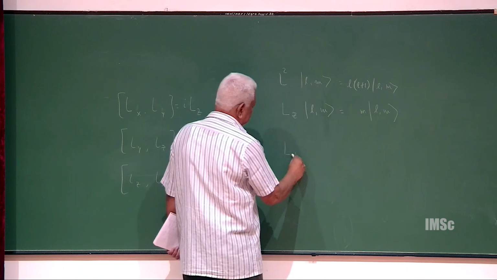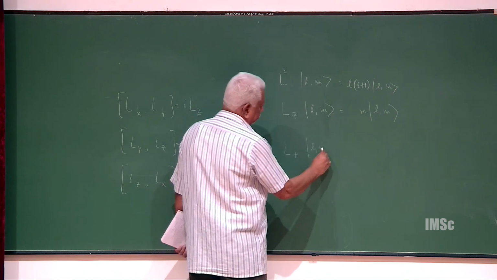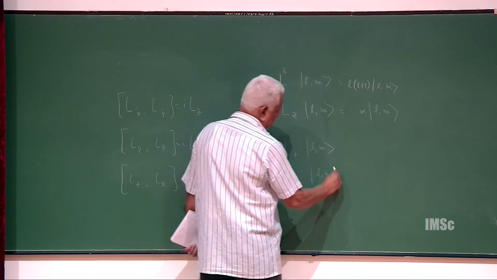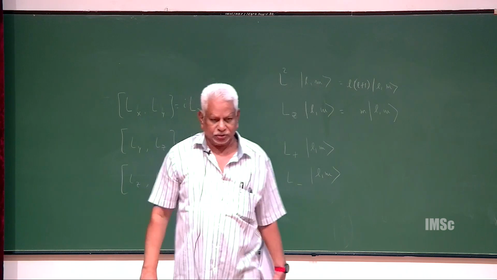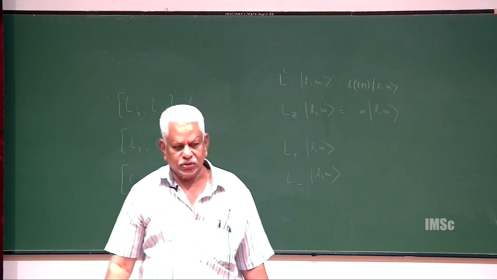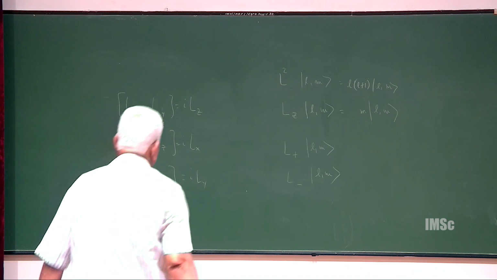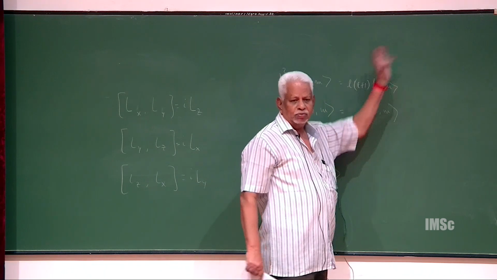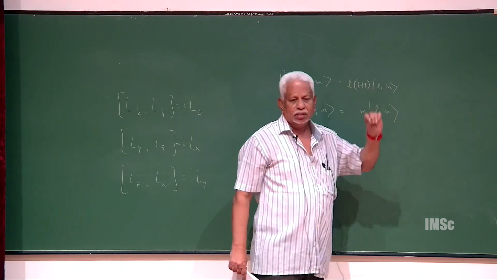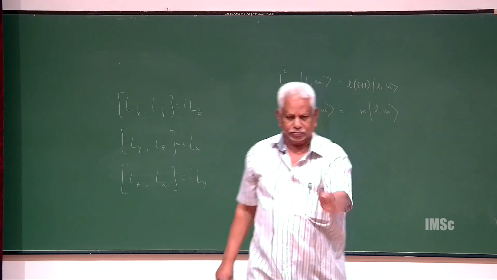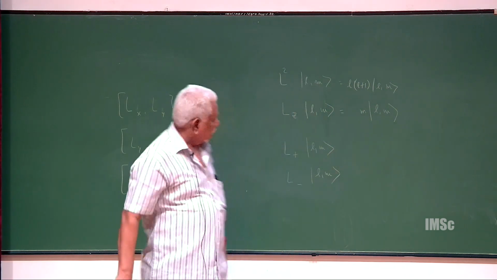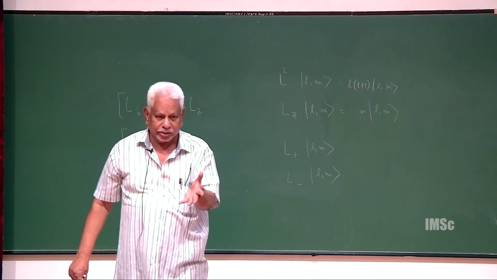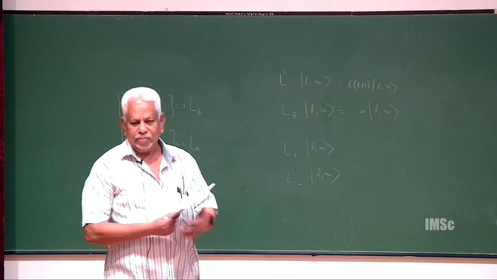Now I should tell what L plus acting on Lm and L minus acting on Lm are. That will give me all the matrices. L square is an identity matrix with eigenvalue L into L plus 1 along the diagonal, all of them the same. Lz is not an identity matrix but a diagonal matrix.